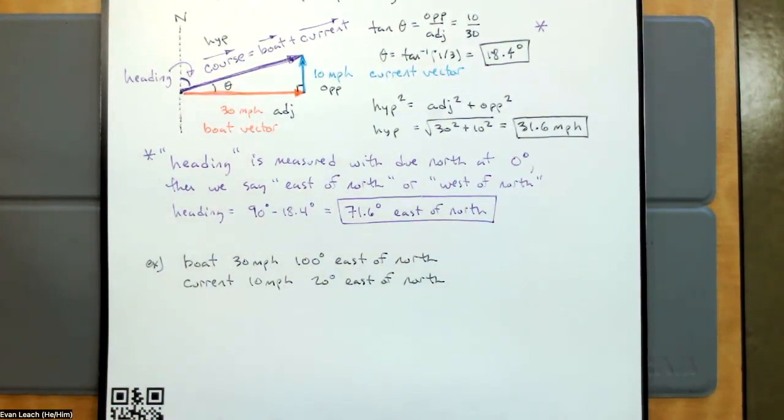Same question, we want to find the actual course of the boat. We're given two vectors, a boat vector and a current vector, and we want to find the resultant vector.